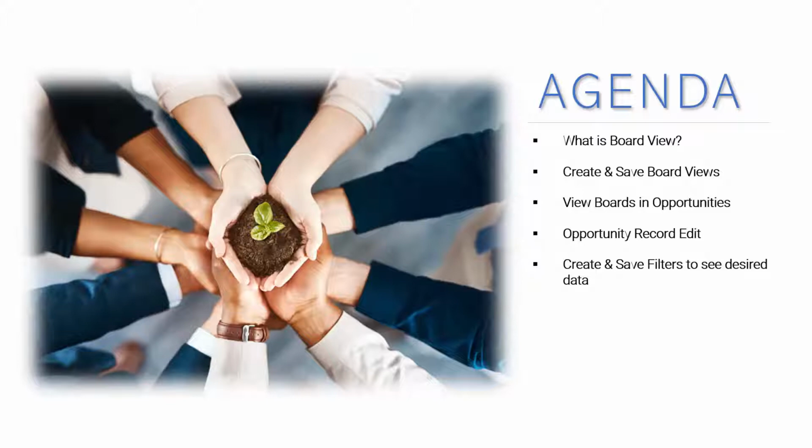And so what we're going to do today is first of all, learn how to create your board views and save them and then view them in opportunities and how, when you're in the board view, you can still edit your opportunity record and do all the same activities that you normally do. And you can easily switch between list view and board view.